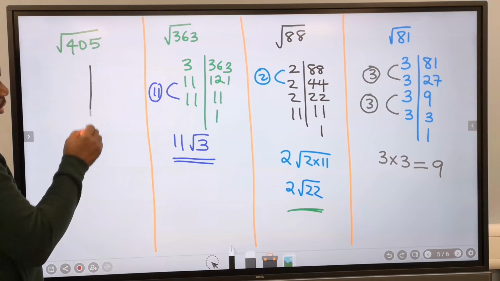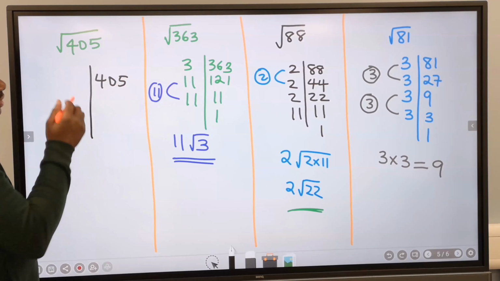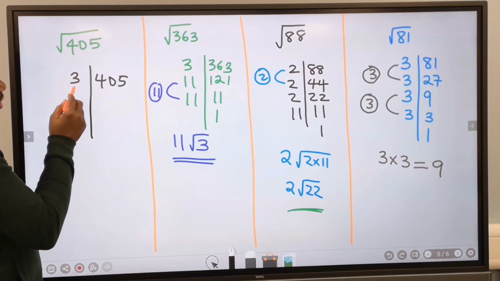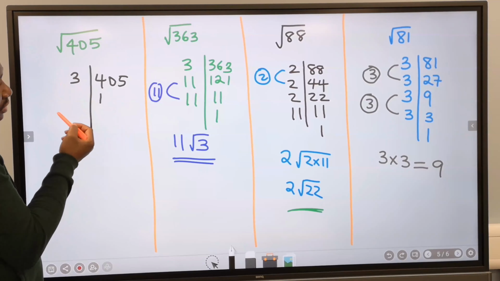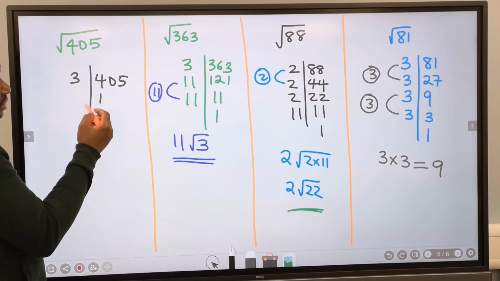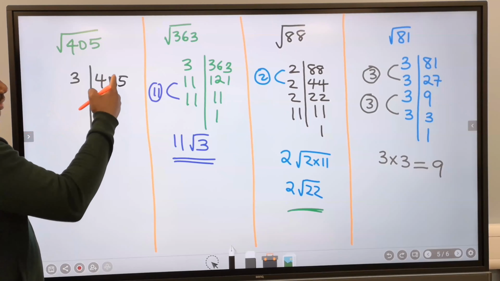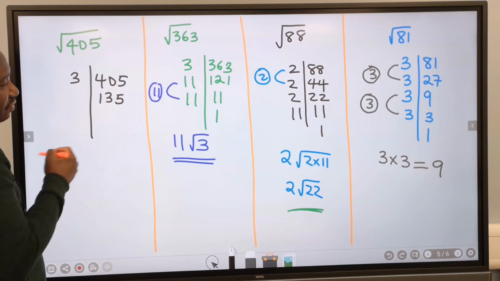Next, we're going to have 405. Next, I will start with 3. 3 into 4 is 1. Remainder 1. 3 into 10 will give you 3, remainder 1. And 3 into 15 is 5.